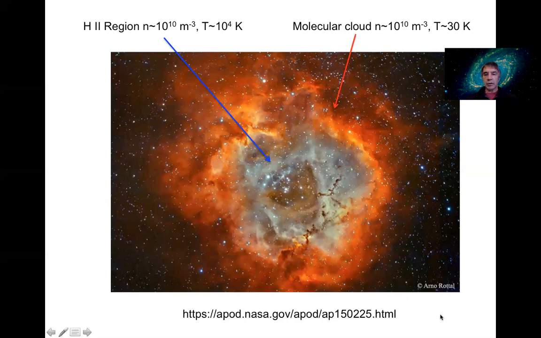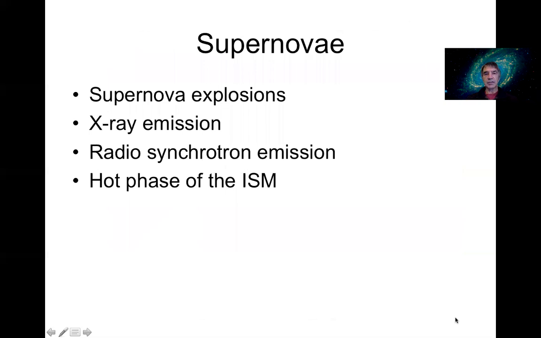So today we're going to finish off the gaseous phases of the interstellar medium. And to finish that topic, we need to come back to supernova explosions. We're just going to look a little bit more at supernovae here.